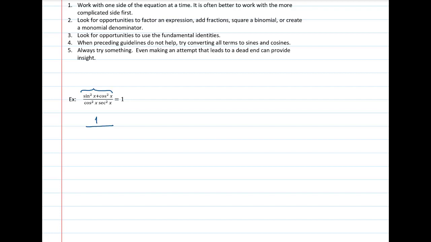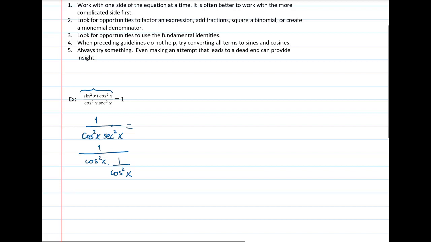Notice how the numerator here is our Pythagorean identity. So that's equal to 1. And then I write the denominator again. Remember, I'm working on the left. I'm not going to do anything on the right side. I'm going to try to get to the right side here. Now I have a 1 on top, so that's already looking good. Now in the denominator, notice how I can use my reciprocal identity to change secant into 1 over cosine.